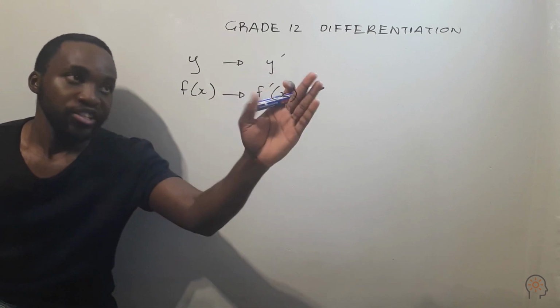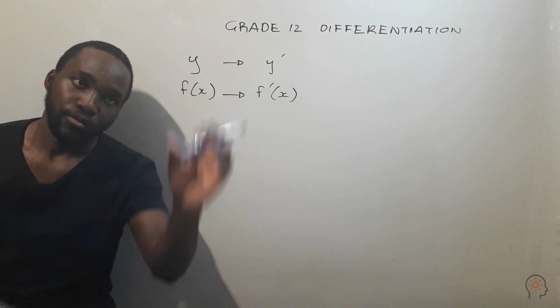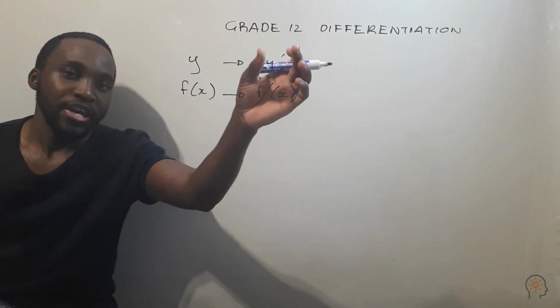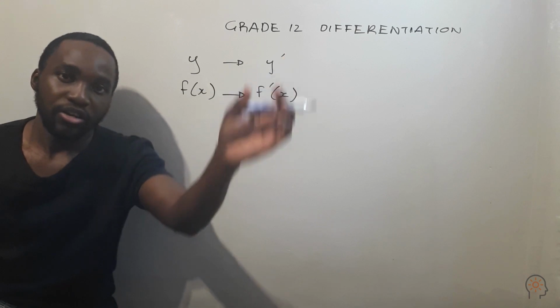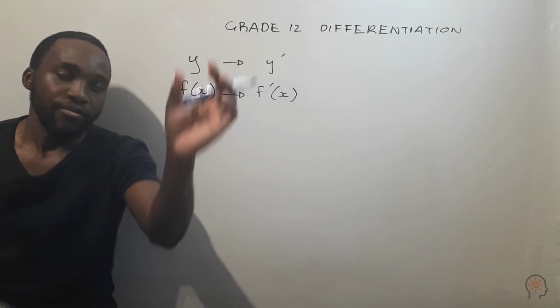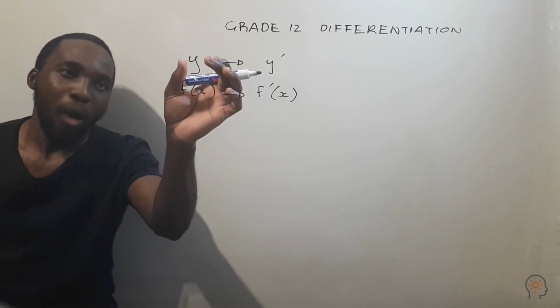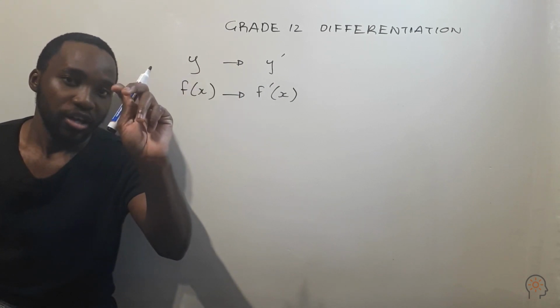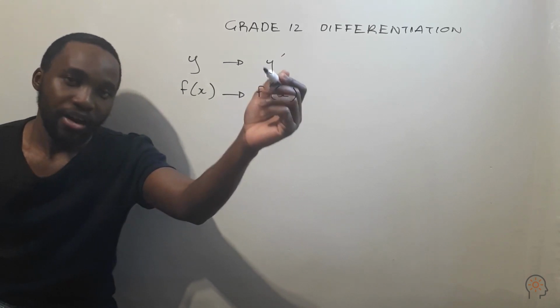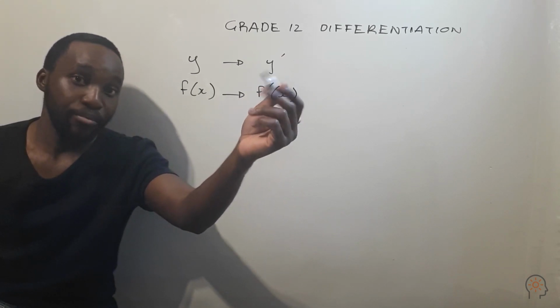Differentiation is basically the process of going from a normal graph to having an equation of the gradient of that graph. So if we have an equation in the form y, when we differentiate that equation, we will have something in this format, and we refer to this as y prime.